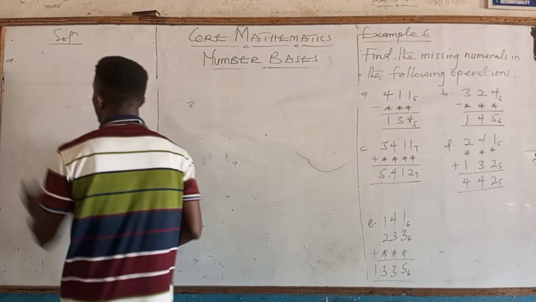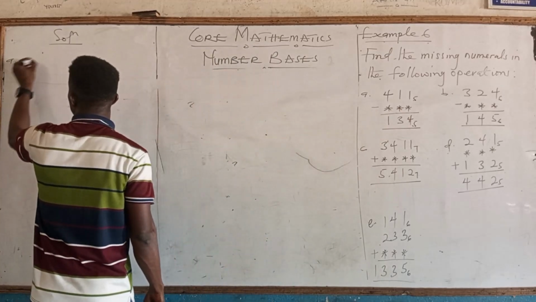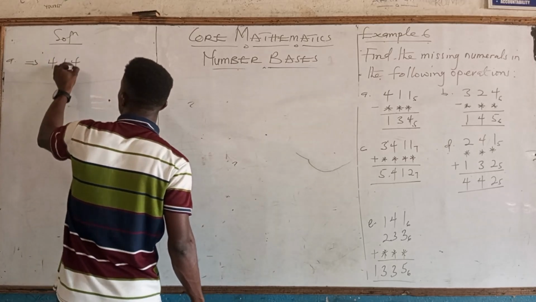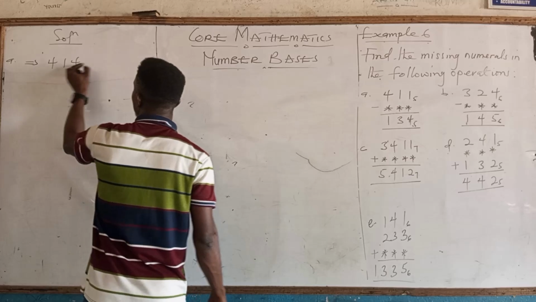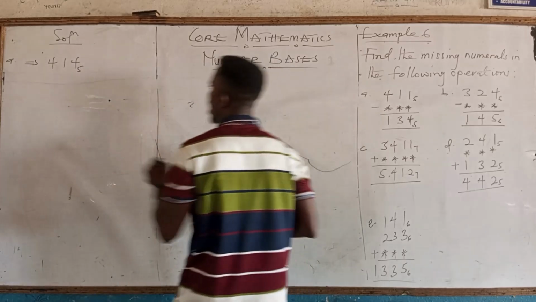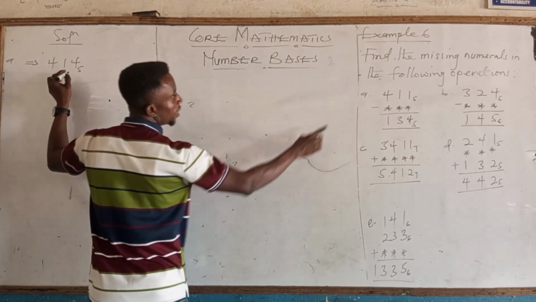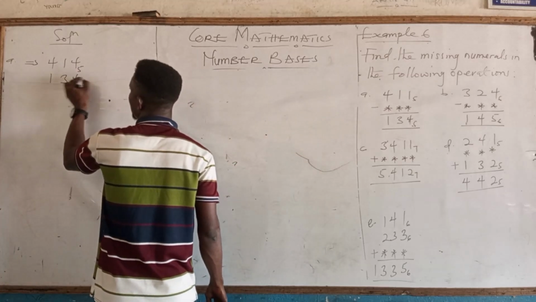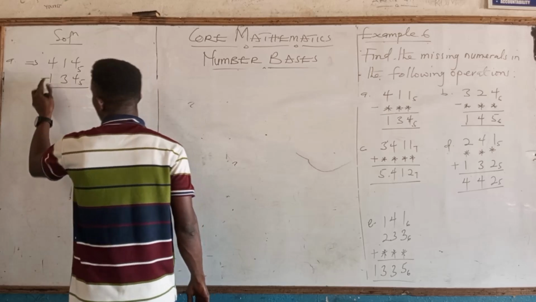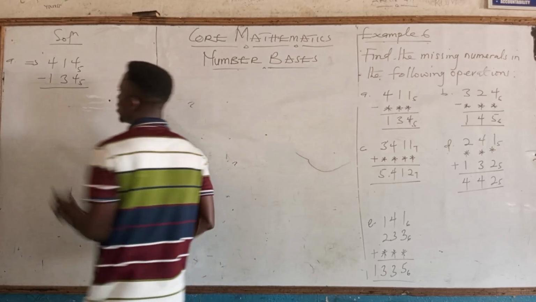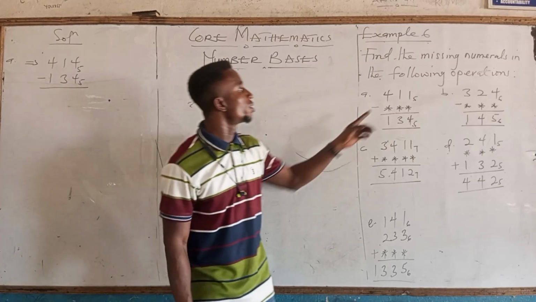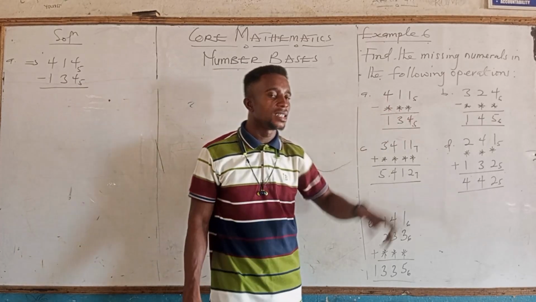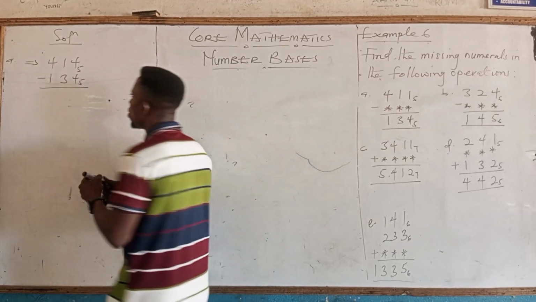I write, this implies that I have 4, 1, 4 base 5 minus 1, 3, 4 base 5. And this one will get us the missing number. Because if this minus this will get us this, this minus that should get us this. Are we okay? So that is all we are doing.